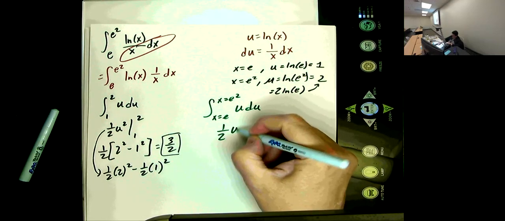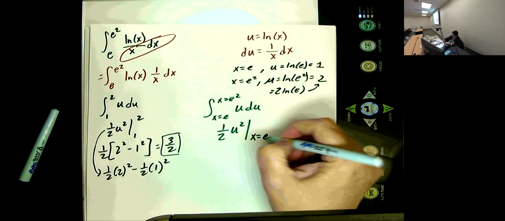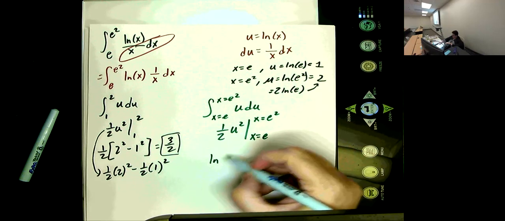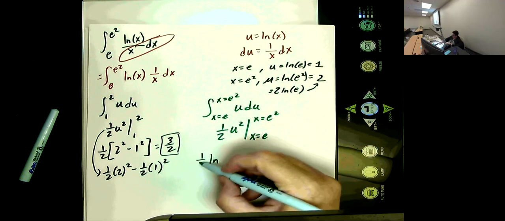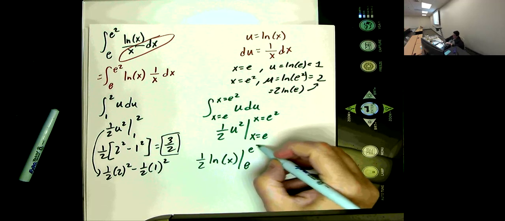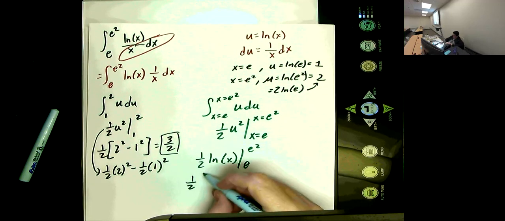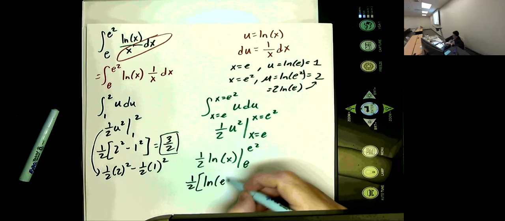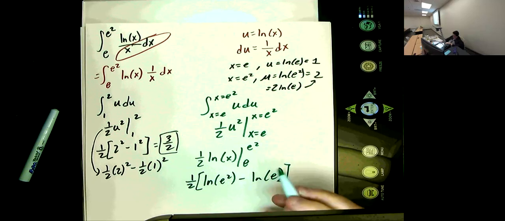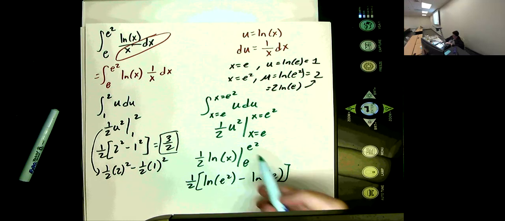We do this over here. I've got 1/2 natural log of e squared minus natural log of e, squared.